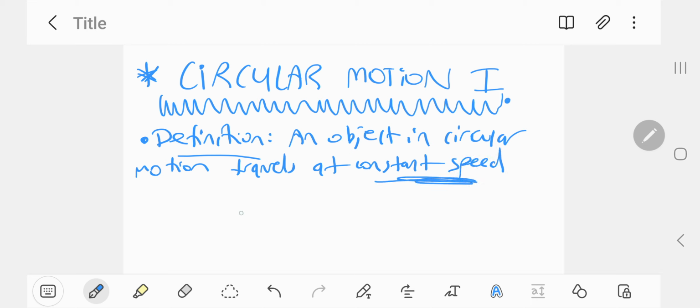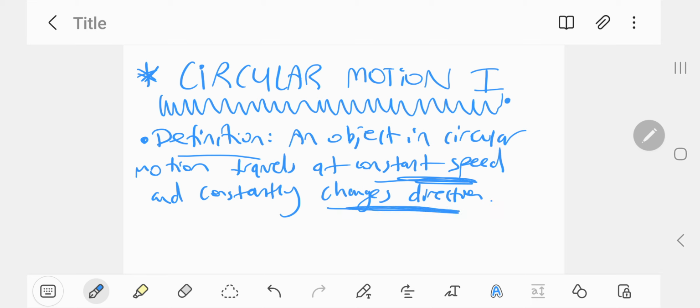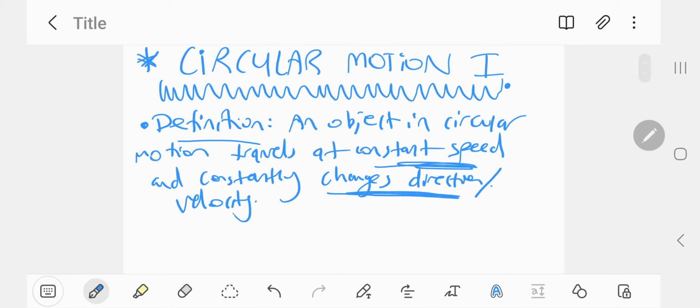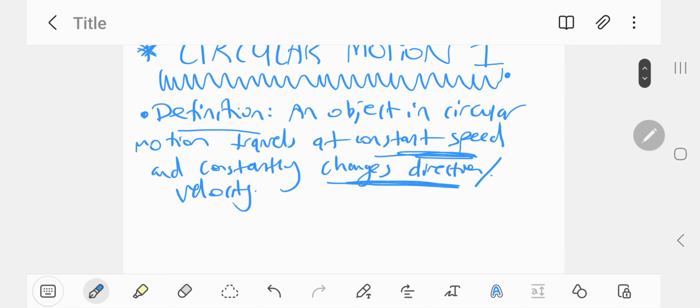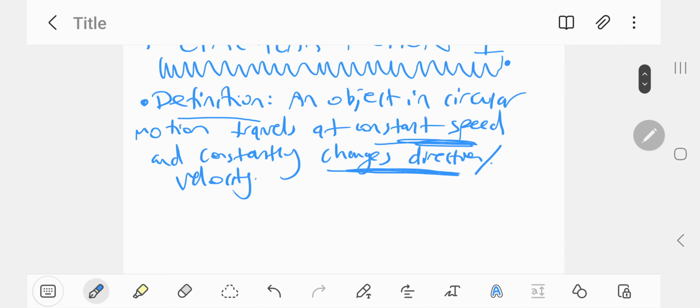So the same speed, and constantly changes direction. It's another key aspect of circular motion. Okay, changes direction and hence velocity too. So any object that's moving at constant speed and constantly changing direction in a circle is said to be traveling in circular motion.